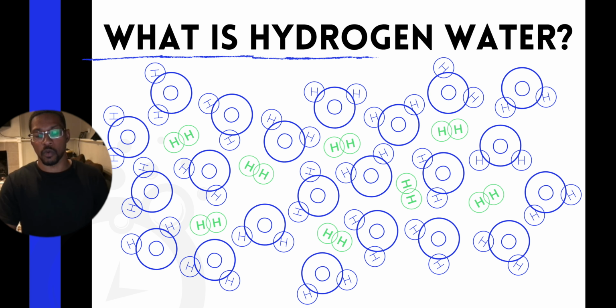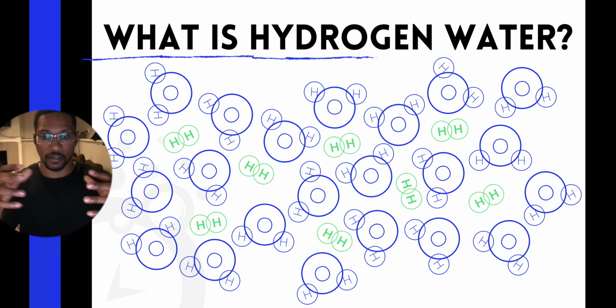Okay, so this is what water would look like if you had an incredible microscope. You have all the Mickey Mouse molecules right there. That is water, H2O: 2 hydrogen atoms, 1 oxygen atom, all covalently bonded together. And then we have the green hydrogen molecules, 2 hydrogen atoms covalently bonded together, and they are dissolved into the water.